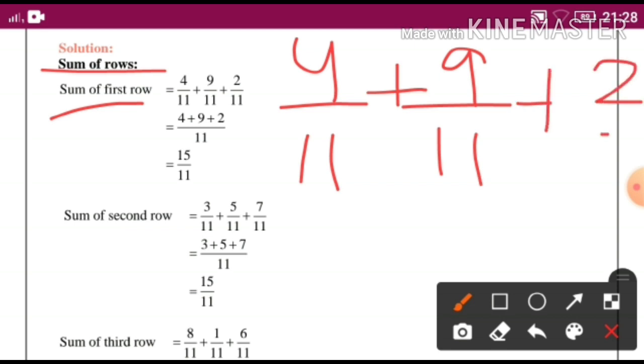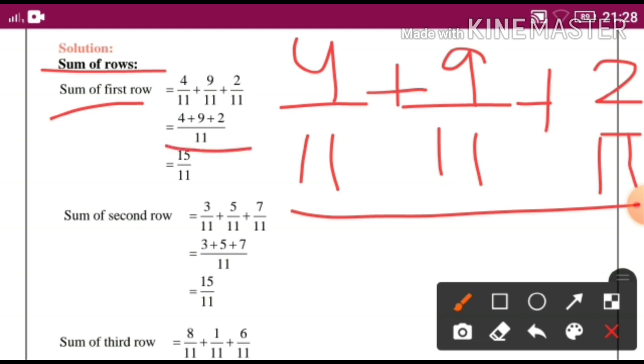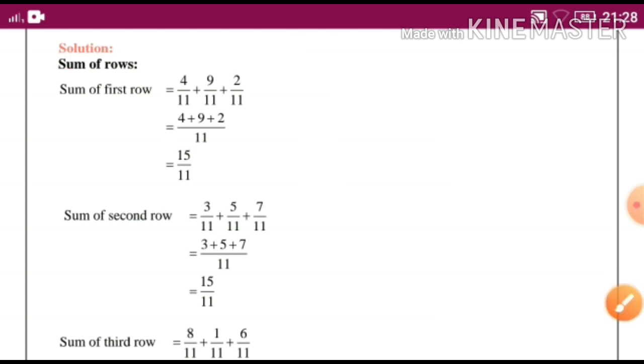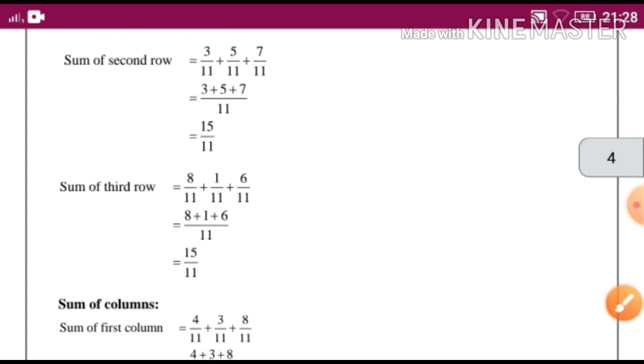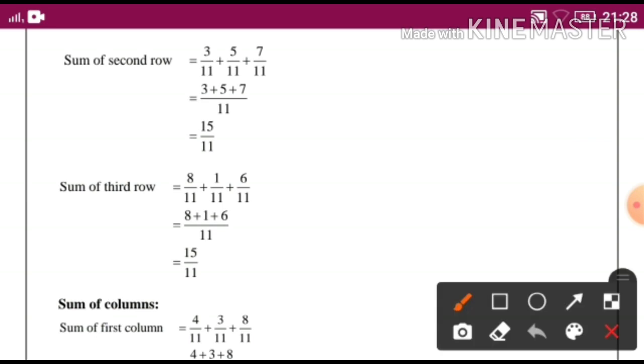The denominator is the same here, so it's very easy. 4 plus 9 plus 2 upon 11, the answer is 15 upon 11. Now the sum of the second row: 3 by 11 plus 5 by 11 plus 7 by 11. By adding all of these, we get 15 by 11. So this is also the same.